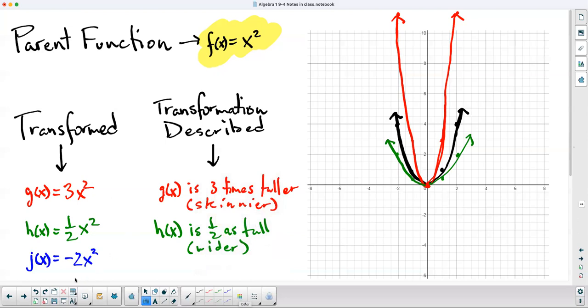Okay, how about if it was just a 2 and the negative symbol wasn't there? What would the 2 do? Is it going to be skinnier or wider? Skinnier? Perfect. So the 2 would mean it's going to be twice as tall, so it's going to look skinnier. The negative symbol in front of it would make it upside down.